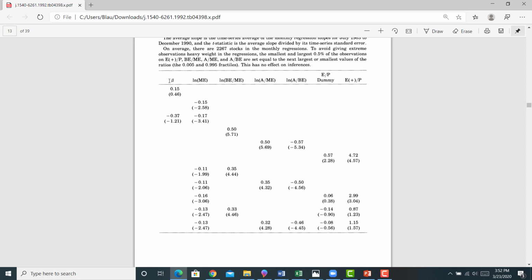Okay, this is the CAP-M beta. You have the natural log of the market value of equity of the firm. You can think of that as the natural log of market cap. You have the natural log of the book value to the equity value. This is book to market ratios. Okay. Book to market ratios. Here's asset to market ratios. Here's asset to book ratios, and here's earnings to price ratios. Okay, so they use this and they estimate a whole bunch of different regressions.